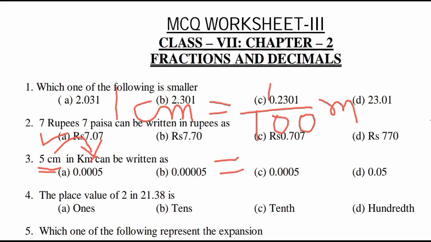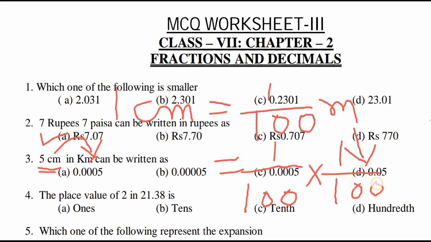And now we convert this meters into kilometers, and for that we have to divide it by 1000, because we know that 1 kilometer is equal to 1000 meters, and here we have done the conversion as 1 meter is equal to 100 centimeters. So 1 centimeter is equal to 1 upon 100 meters. Then after we have multiplied this too.